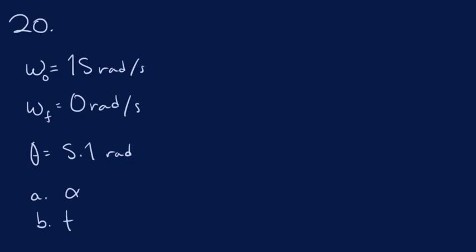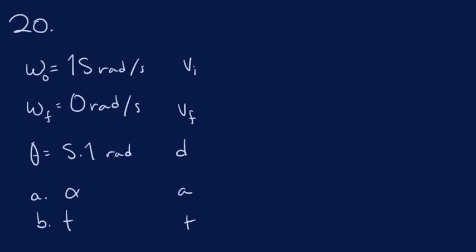So these variables look familiar. You can think of this as just velocity initial, velocity final. This is just displacement. And we want to find a and t. So what formula do we know that we can plug these variables into?